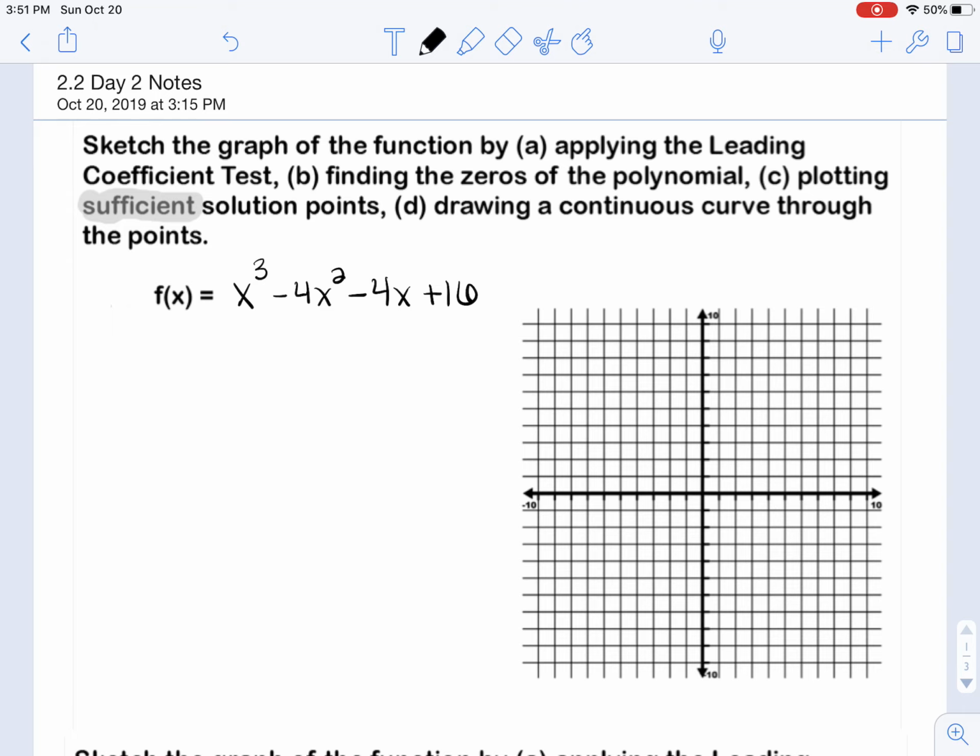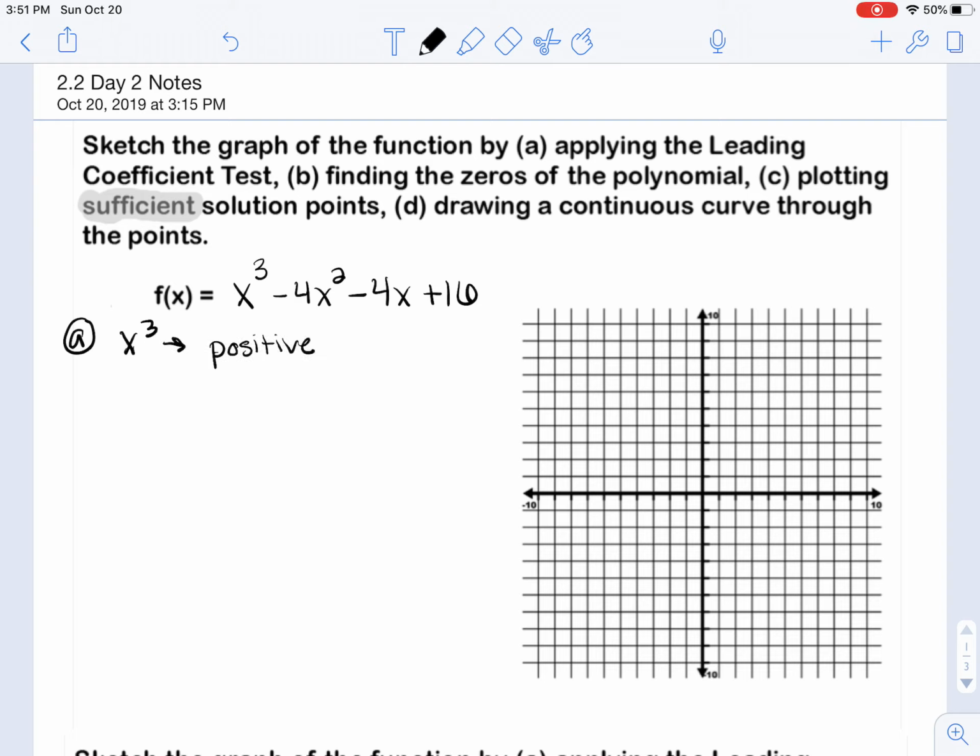Okay, so the first thing we're going to do is determine the end behavior by applying the leading coefficient test. Remember, we look at the leading coefficient. Is it positive or negative? Well, the x cubed that we're looking at, that's positive.